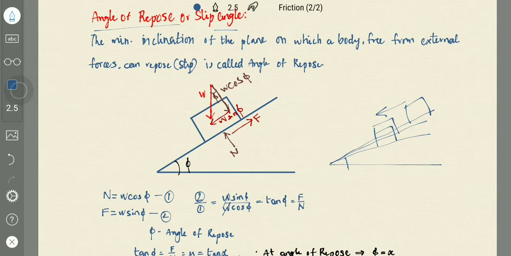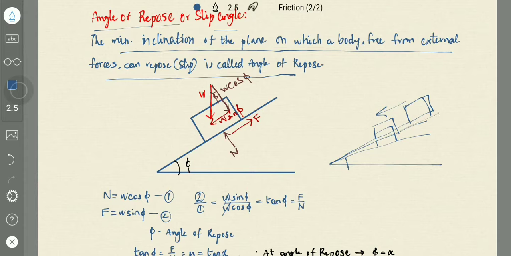So let us see the definition of angle of repose. The minimum inclination of the plane on which a body free from external forces can repose is called the angle of repose. We can see from the explanation that there is no external force applied, but this body is sliding down due to gravity, overcoming the friction and traveling down.